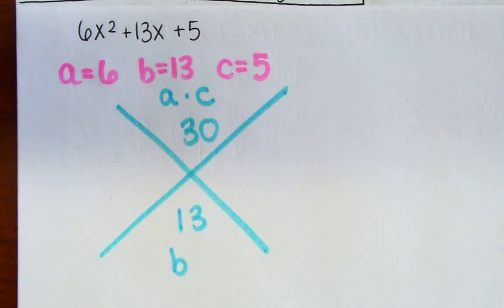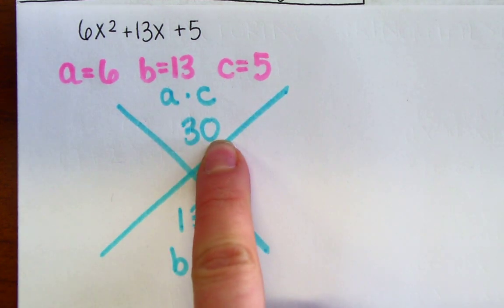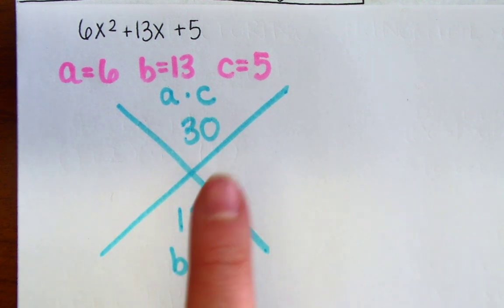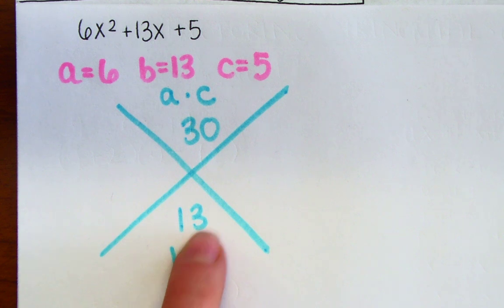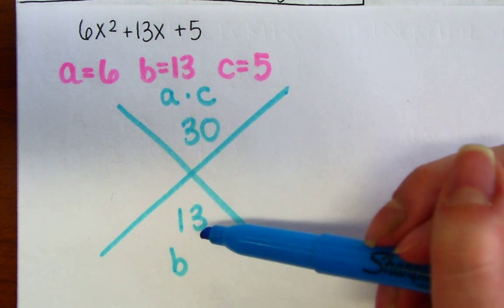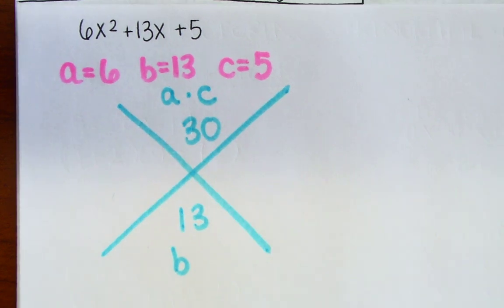I'm looking for numbers that multiply to 30 but add to give me 13. Since this is a plus, we're going to add them. If this were a minus, we would subtract them. So multiply to 30, add to 13. Well, right off the top of my head, I know that 10 times 3 multiplies to 30, and 10 plus 3 adds up to 13.